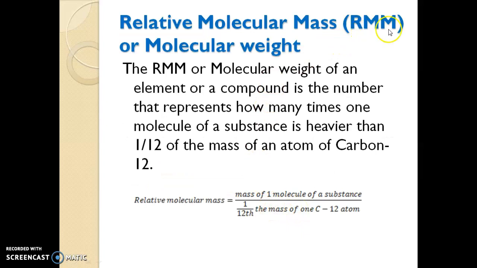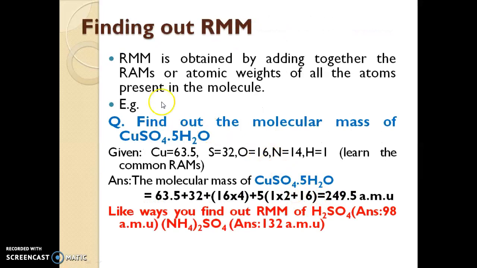Now next is your RMM, or relative molecular mass or molecular weight. The definition is the same as that of the RAM, only here in the numerator you have the mass of one molecule of a substance. So how do you find out this relative molecular mass?